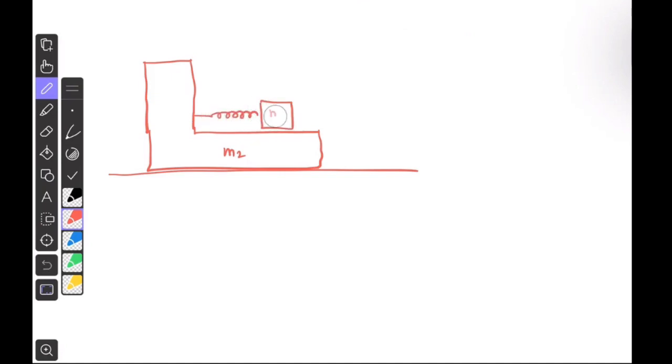And here I have m1 connected to it via a spring. And this is a smooth surface, and the surface between them is also smooth. So what kind of system is it? A two-body system or not? If I compress this spring and then release it from rest, or I elongate the spring by pulling m1, m2, and then release it from rest, the time period will come the same as the earlier one, only 2 pi root over mu by k.